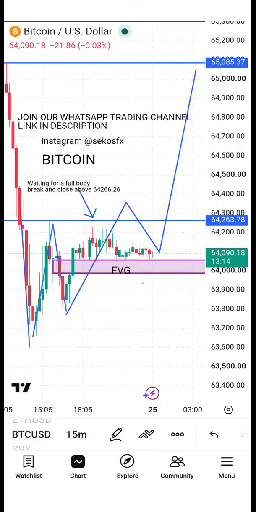And remember, in the market, it's very dangerous to predict. We are not here to predict. We are here to react to what the market is telling us. So right now, there's nothing that the market is saying. It's just consolidating. There's no clear direction right now, to be honest.